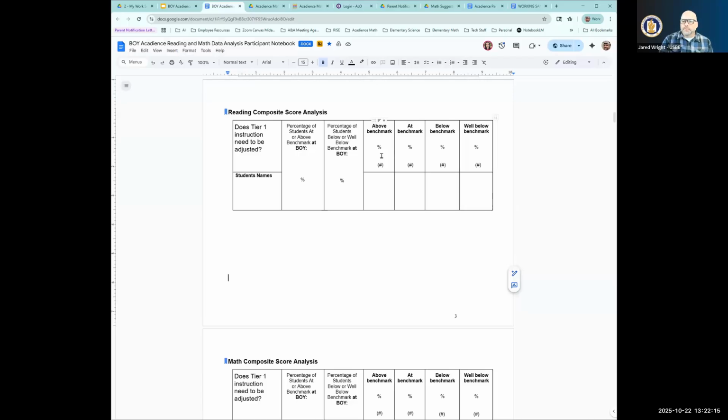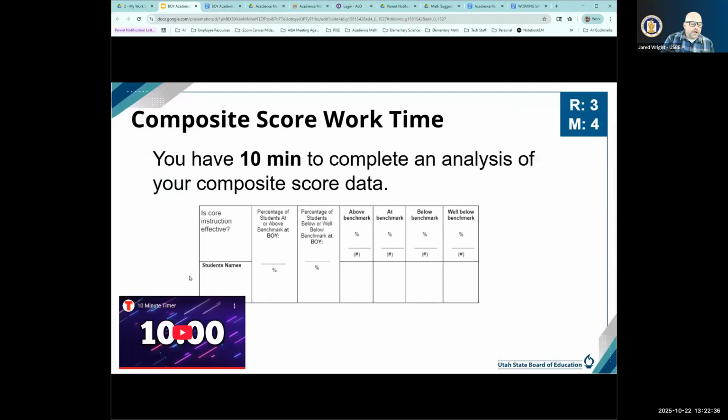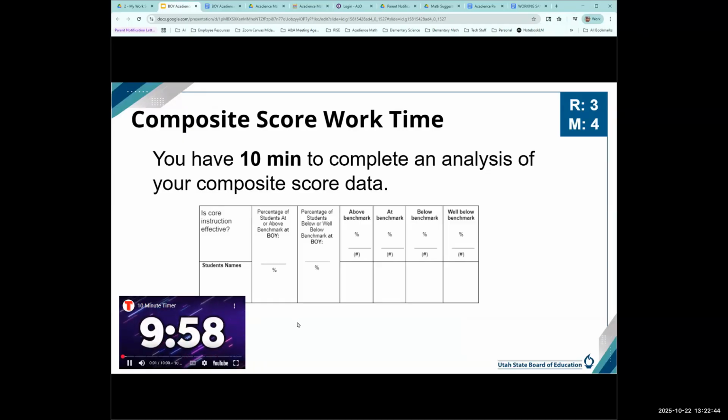If you're here as a coach or a school level leader, you'll want to choose a specific class to analyze so that you can narrow the focus into some particular students. So I will start the timer and we'll come back in 10 minutes.